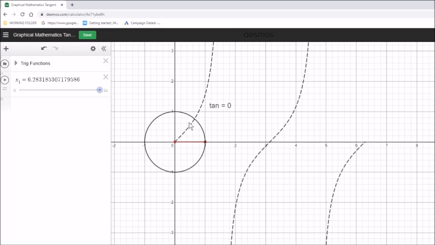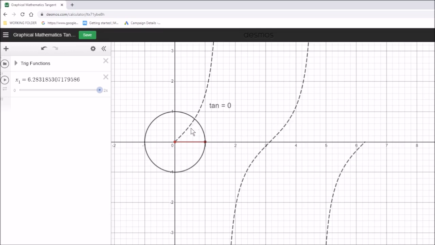So let's say for example we were looking at the tan of 45 degrees. So the 45 degrees is going to be somewhere along here and it's going to cut this curve at some point. But if it cuts it at this point here, if we draw a line across, it's going to cut it at a point along here as well.